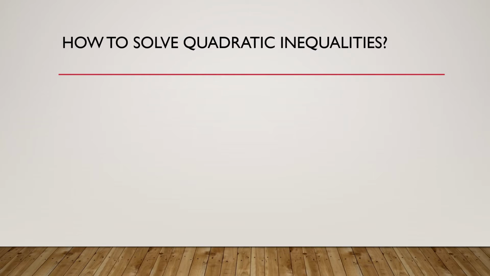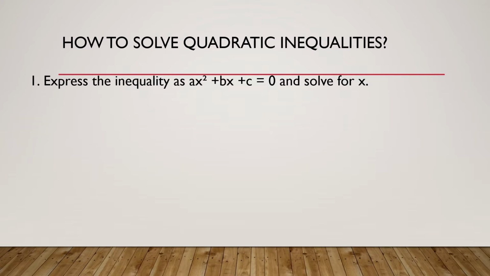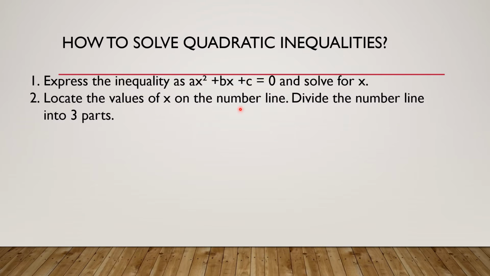Okay, now how to solve quadratic inequalities. So here are the steps. First, express the inequality as ax squared plus bx plus c is equal to 0 and solve for x. So whatever the inequality sign here, you need to change it to equal sign. Then, locate the values of x on the number line.